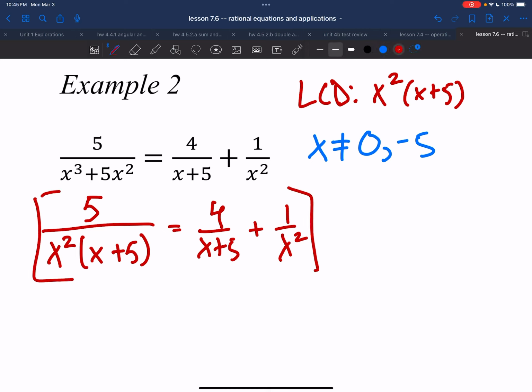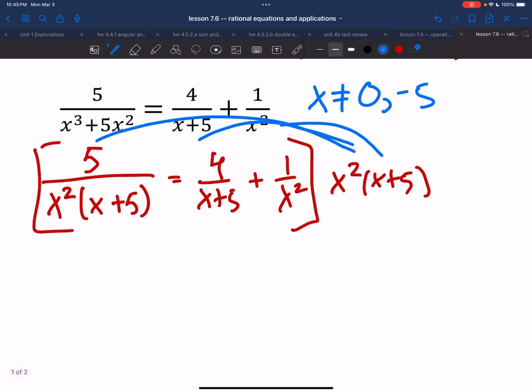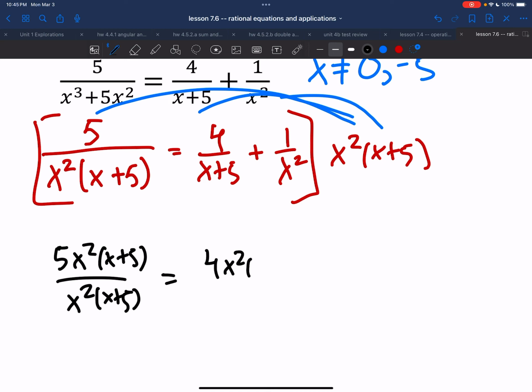I say x squared times x plus 5. Fantastic. Okay. And so this is going to, of course, distribute. Now, here's the thing. You could do, and you know what? I'm going to do it for you, but I don't actually want you writing this in your notes if you're taking notes. You could write the distribution on every single term like what I'm doing right now.